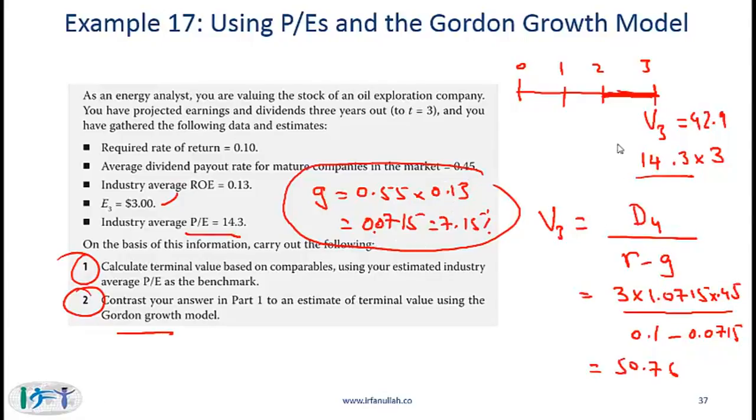The value at time 3 is equal to the dividend at time 4 over R minus G. Dividend for year 4 is equal to earnings for year 4, which is 3 into 1 plus the growth rate, multiplied by the payout ratio, which is 0.45, divided by R minus G. And here you should get 50.76.